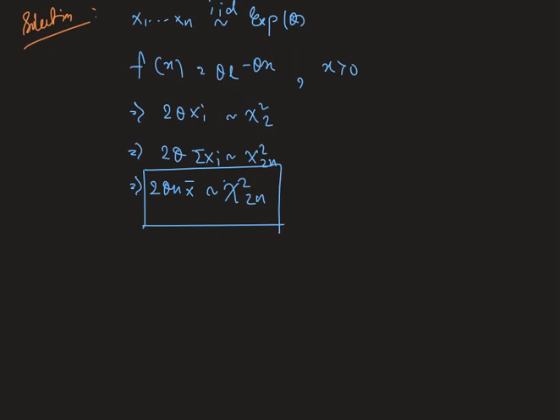Now, this is a chi-square random variable, so it must be strictly positive.